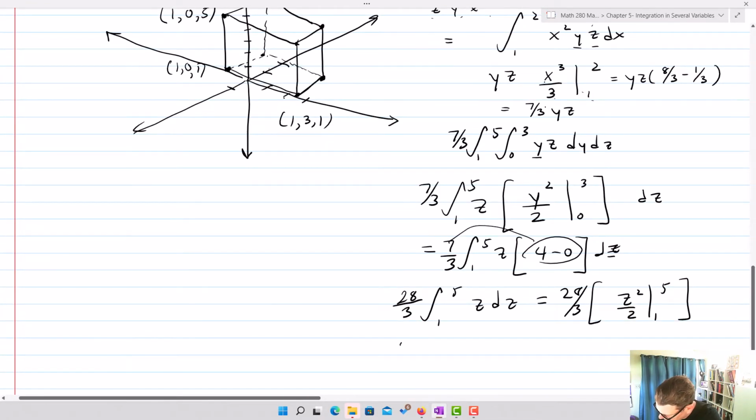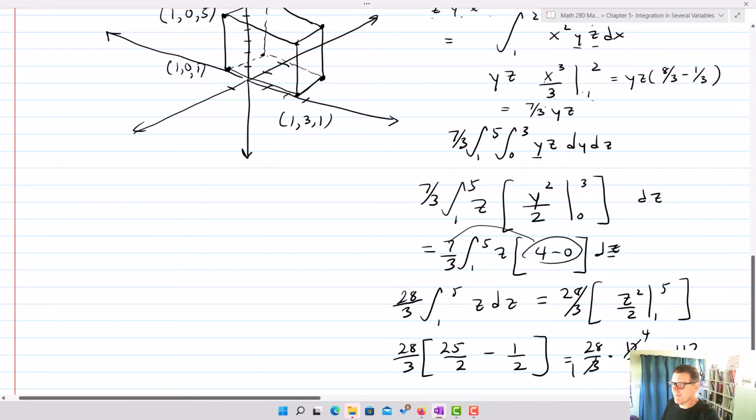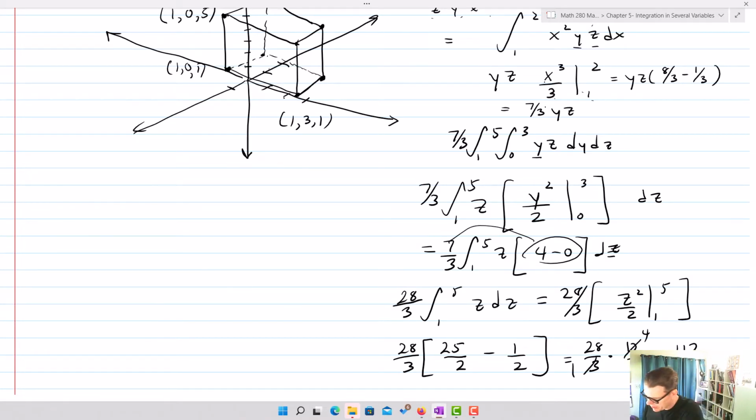So this ends up being 28 over 3 times 25 over 2 minus 1/2, which is 24 over 2, or 12. So it's 28 over 3 times 12 over 1, which equals 28 times 4, and that's 112.